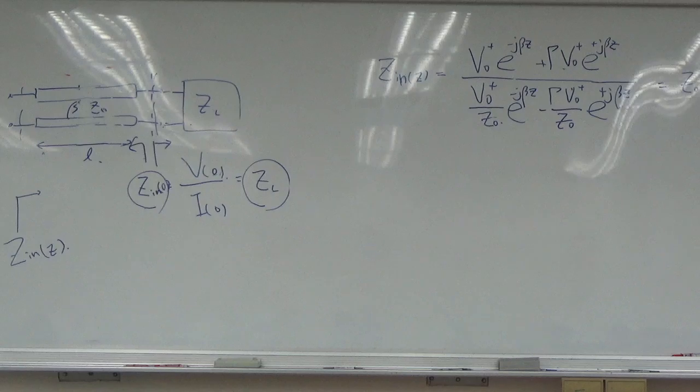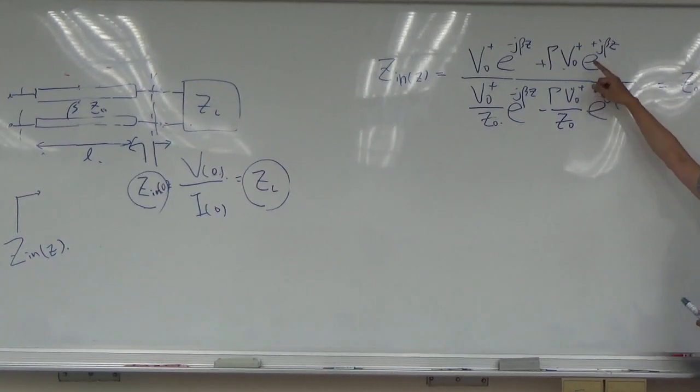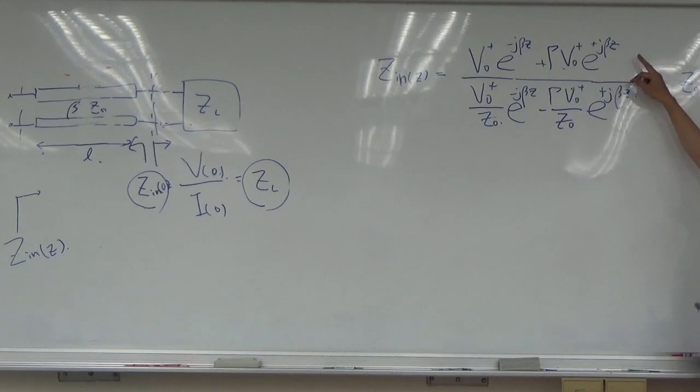Can you follow? I multiply Z0 for the numerator and the denominator, and they are the same. And there are more details.